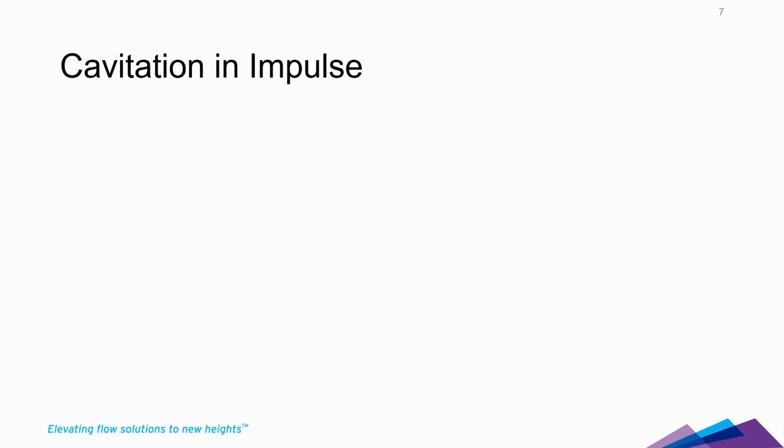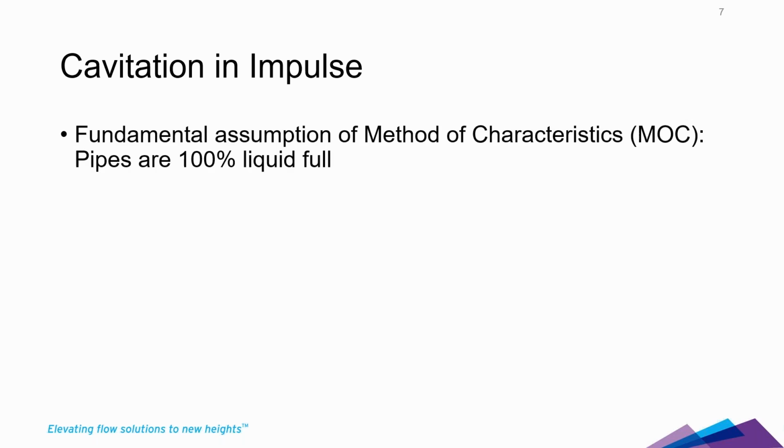And I'm not going to go through all that detail right now, but one of the really important things to keep in mind is that a fundamental assumption of the method of characteristics is that pipes are 100% liquid full, okay? So this is not necessarily a limitation of AFT Impulse. No, it's a limitation of the actual mathematical model itself that is used in AFT Impulse.